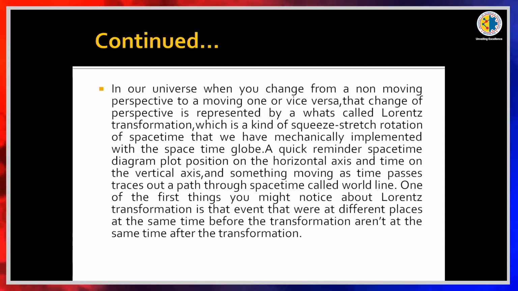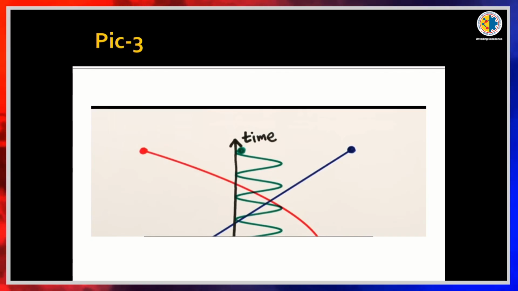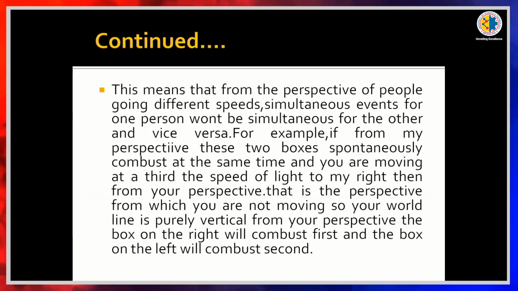One of the first things you might notice about the Lorentz transformation is that events that were at different places at the same time before the transformation are not at the same time after the transformation. So, due to the Lorentz transformation, they do not happen at the same time. This is the space-time diagram, and we see it through the world line picture. It is also known as the Minkowski diagram.